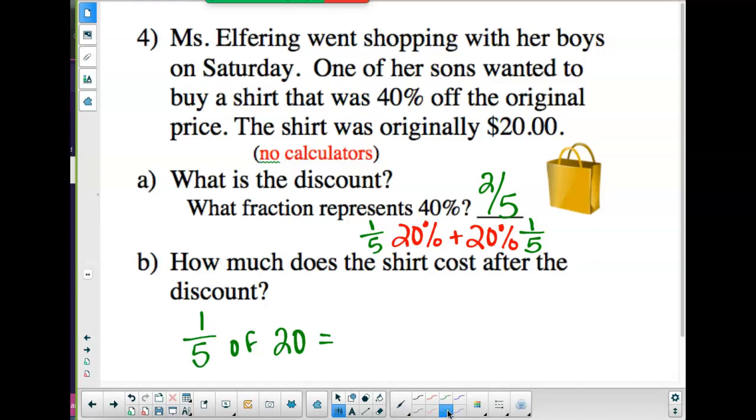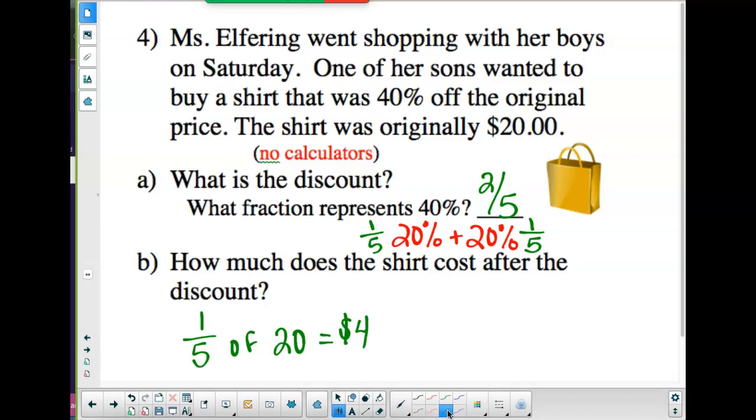What's 1/5 of 20? How do we find 1/5 of something? Divide by 5. Okay, so what's 20 divided by 5? Because 5 times 4 is 20. So 1/5 would be $4.